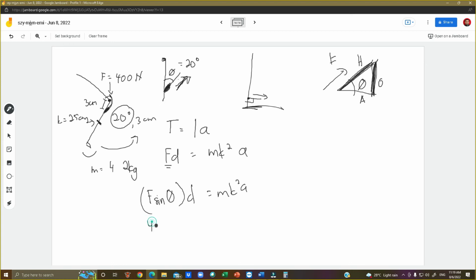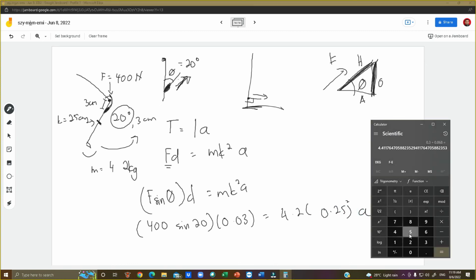So kamu akan ada 400 sin 20 and the D is equal sama yang ada 0.03, M is 4.2, K is 0.25 square and finally alpha. Selesaikanlah satu-satu.